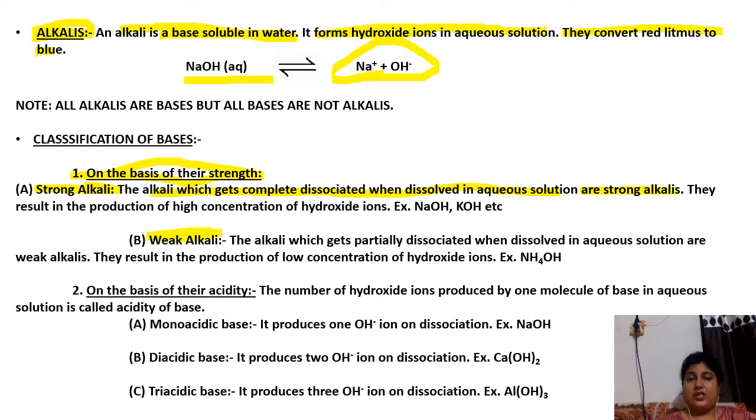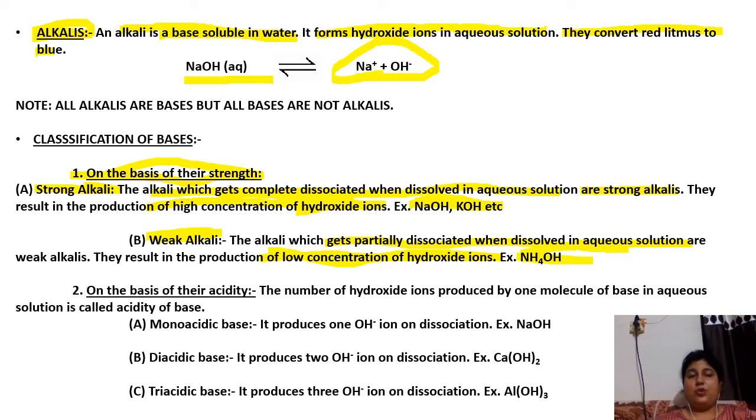Completely dissociate हो रहे हैं, that means they result in the production of high amount of hydroxide. For example, NaOH, KOH, etc. While weak alkali will be partially dissociated when dissolved in water. So the occurrence of hydroxide is very less in amount, such as ammonium hydroxide.